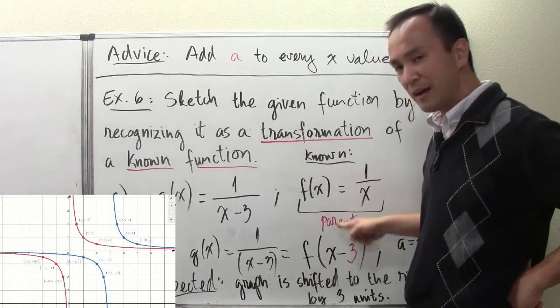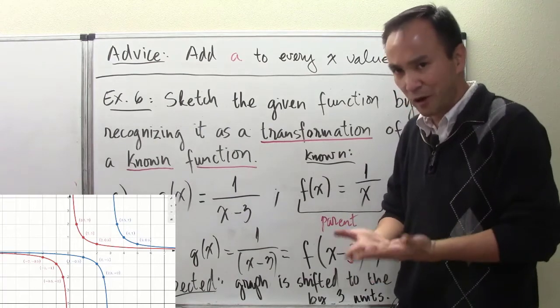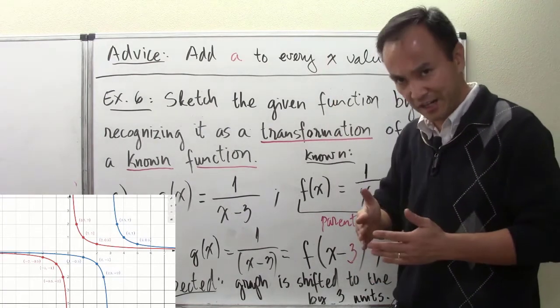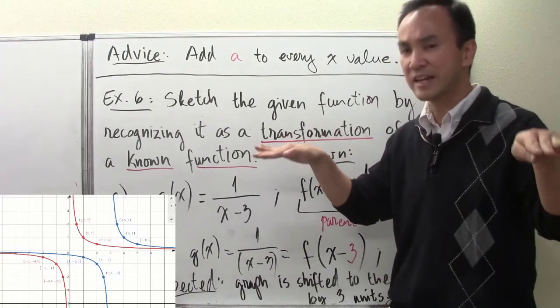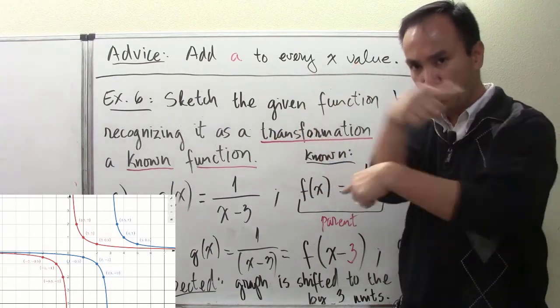So about the vertical asymptote, hopefully you don't need my reminder over here, but any asymptote is just a line where the graph will get close to but never cross through.